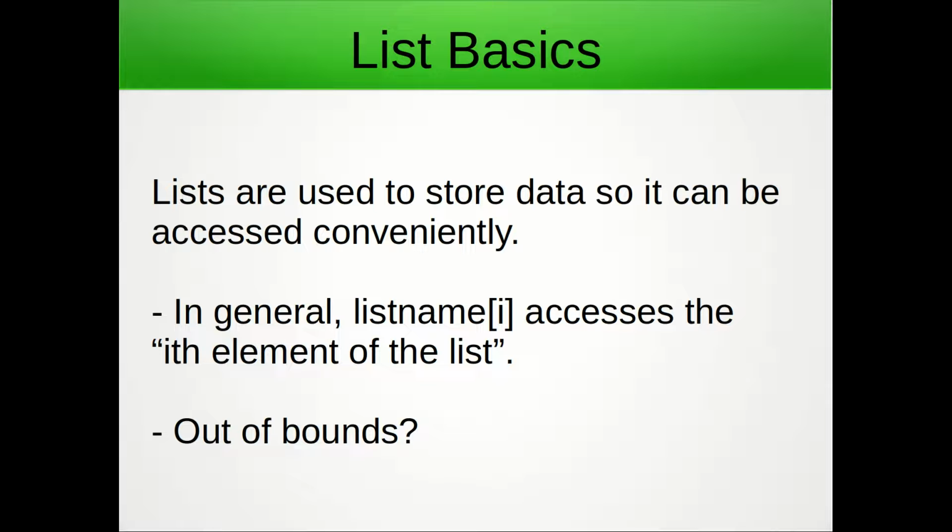Okay, in general, to access the ith position, the position number i in my sequence, I will use this syntax: the name of my list variable, square brackets, and the index, in this case, the i index. Two small issues here.